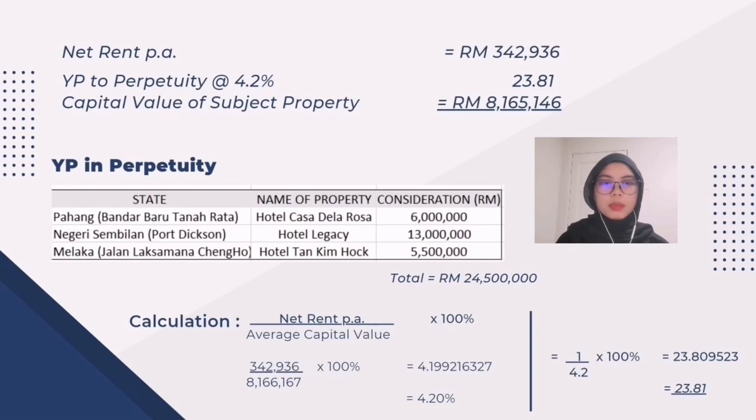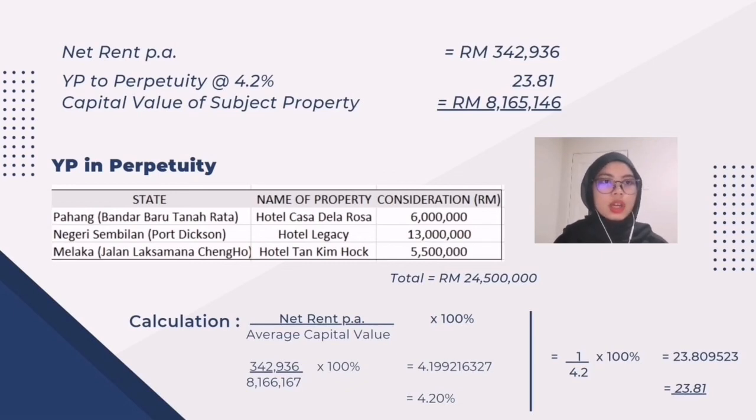Based on the report, we have adopted 3 locations, which are Pahang, Negeri Sembilan and Melaka, and we have calculated the total capital value for the hotels located in these 3 states. The total capital value for those 3 hotels is 24,500,000 ringgit.